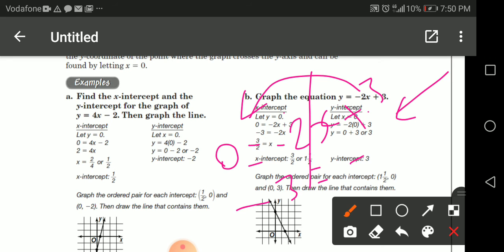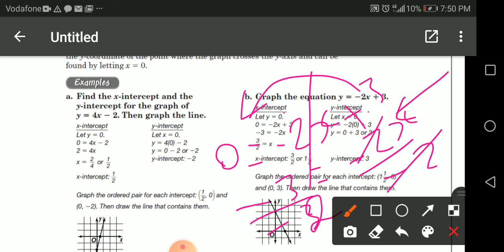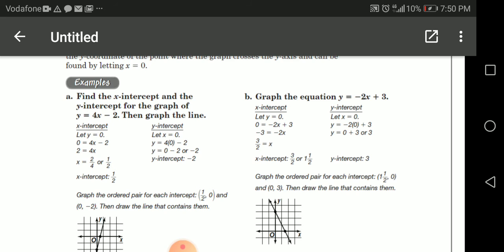Negative 3 equal negative 2x, divided by negative 2, the same. So negative 2 will go with the negative 2, and we have got 3 over 2. So x equal 3 over 2, that means what? 1.5. 3 over 2, as you know.